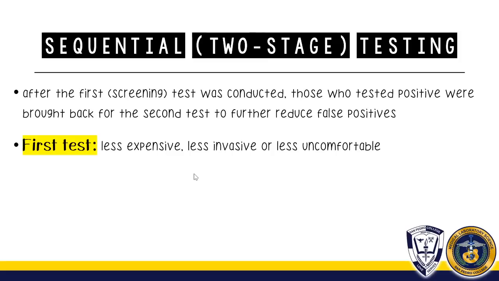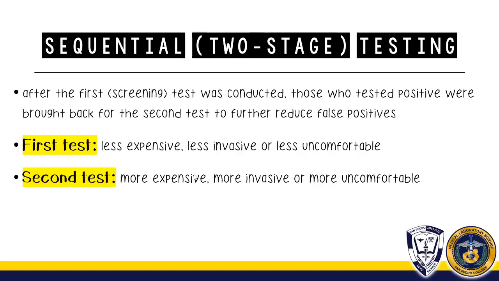Now, your first test is usually less expensive, less invasive, and less uncomfortable. But with your second test, expect that that would be more expensive, more invasive, and more uncomfortable. Now, the problem with your two-stage testing is that it could actually increase specificity, but it can reduce your sensitivity.